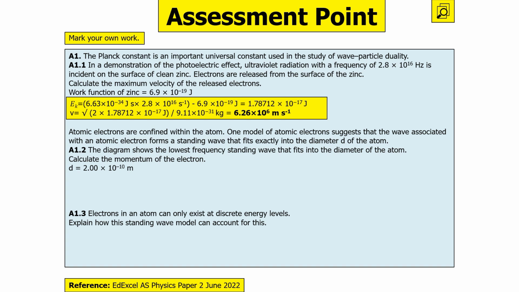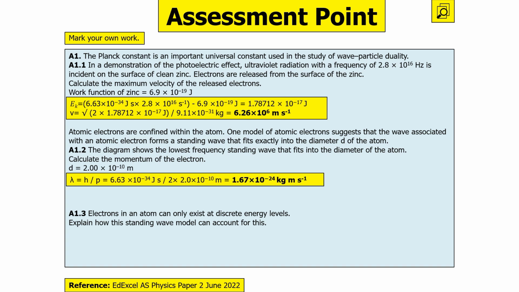We therefore know our kinetic energy is equal to that, and we know kinetic energy is a half mv squared. So therefore v is going to be equal to the square root of 2 times this energy over the mass of the electron. Now we know the mass of the electron is given to us, it's 9.11 times 10 to the minus 31 kilograms. So our answer is 6.26 times 10 to the 6 meters per second.